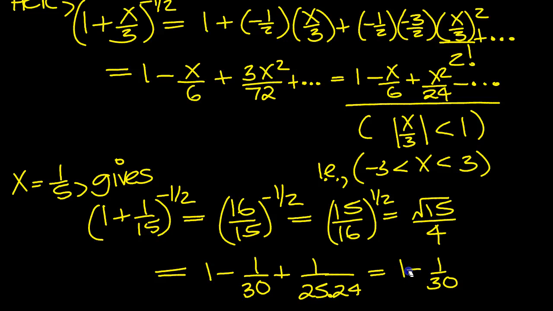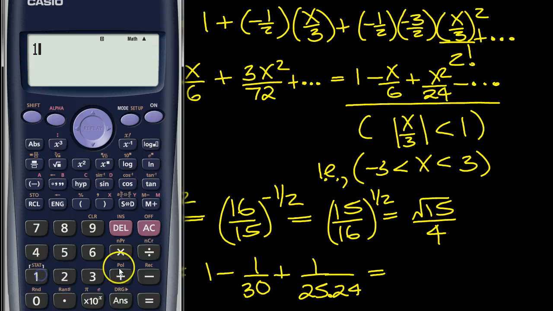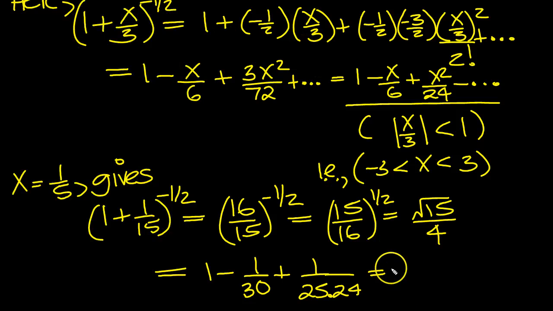So it's 1 minus 1 over 30 plus 1 divided by 25 times 24. I've put them in a bracket, so there's absolutely no confusion. 581 over 600. So that's root 15 over 4, isn't it?